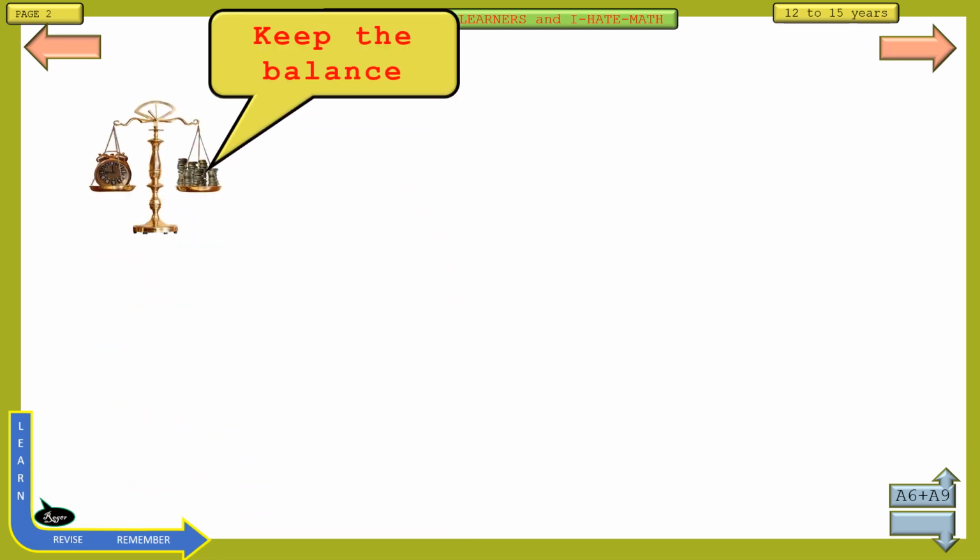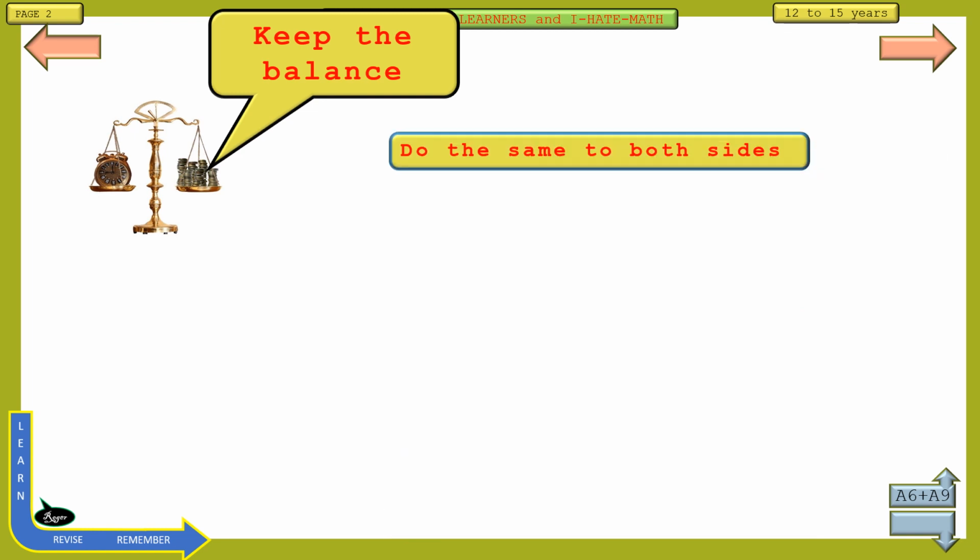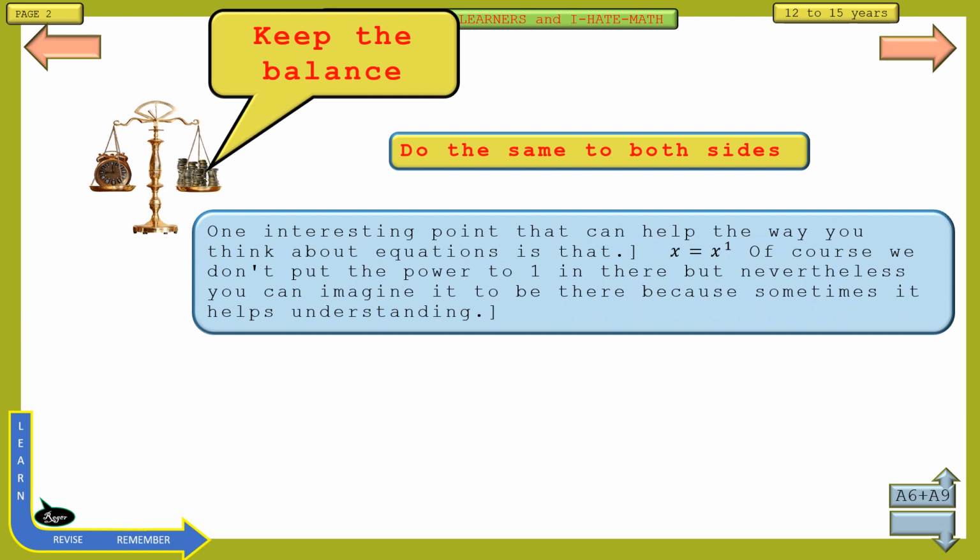As usual, we have the fundamental idea of keep the balance. Whatever you do, do the same to both sides. One interesting point that can help the way you think about equations is that x equals x to the power of 1.